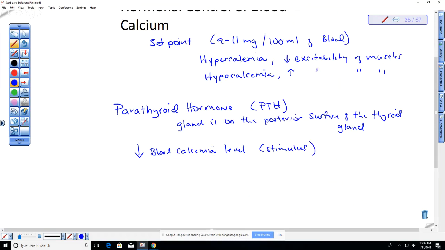And then the effector here would be the parathyroid gland, which would release parathyroid hormone into the blood. Okay, so let's just review homeostasis because that's actually one of your questions. So you could use this on your essay question. This is sent through the afferent pathway to the control center. And the control center in this case is the pituitary gland.